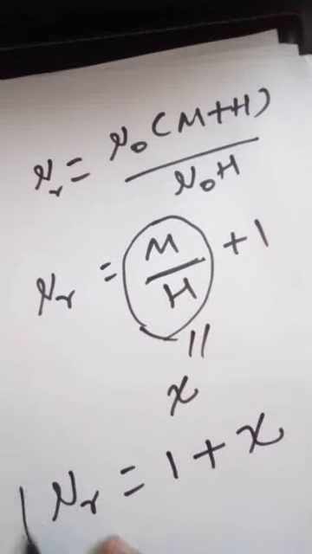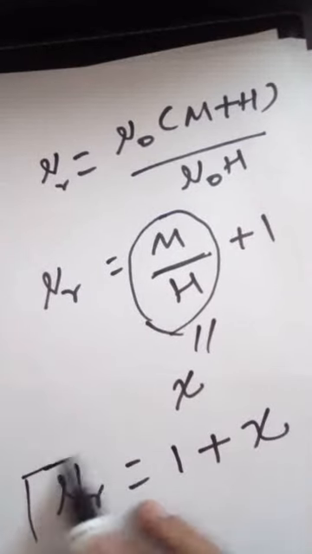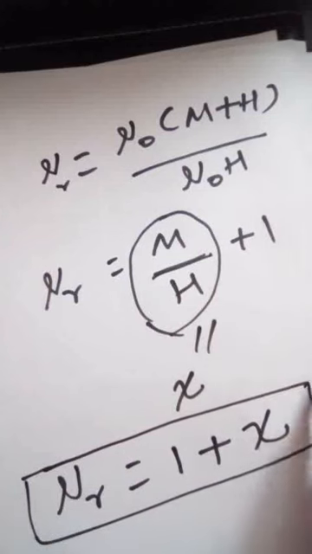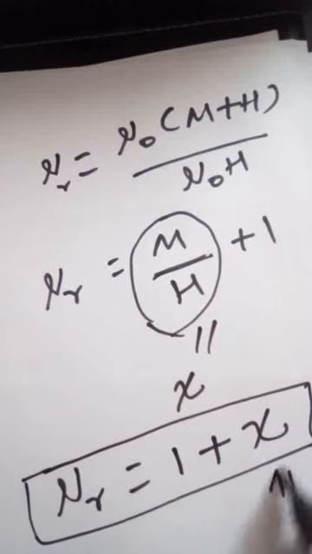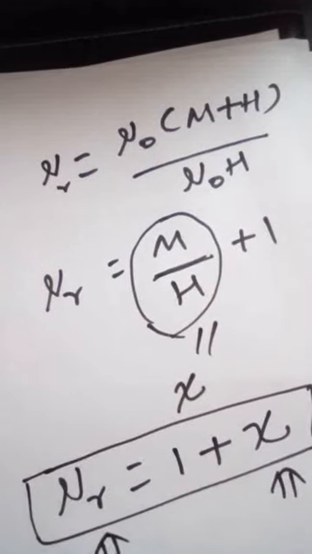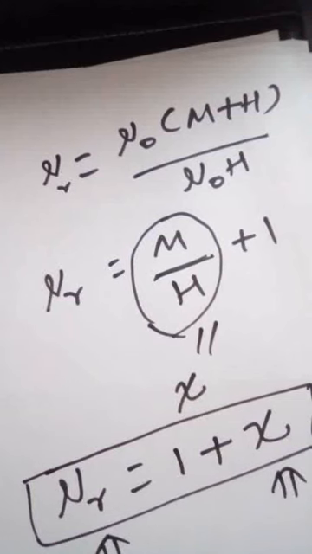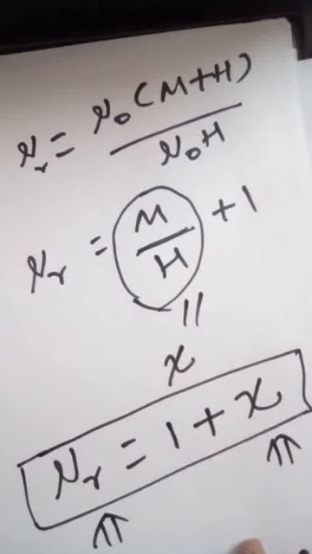So this equation shows how magnetic susceptibility is related to magnetic permeability. Both are related with each other. So these were the basic terminologies which are used to understand the entire chapter of magnetostatics.